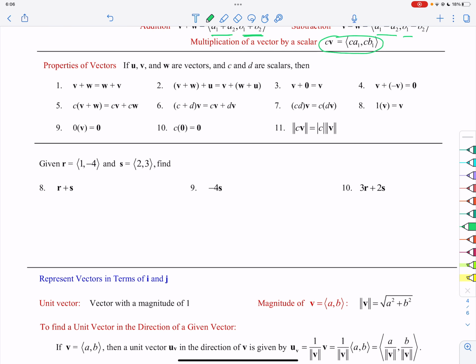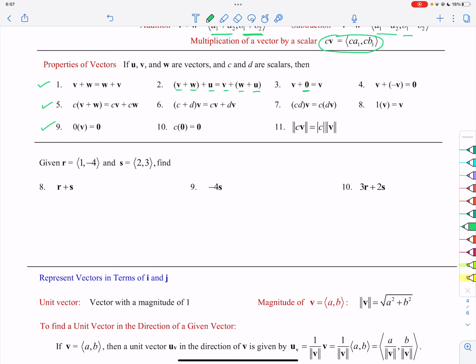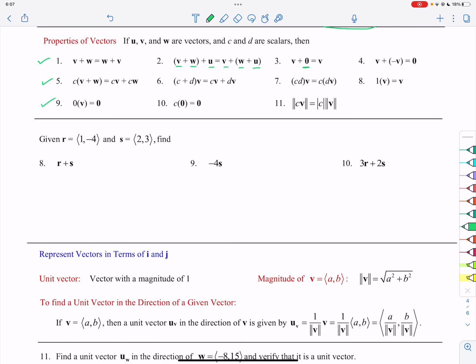Here are the properties if you want to take a look at these. Of course, you can see that we have distribution working. 0 times any vector is 0. If v plus w is the same as w plus v, we can rearrange our terms. If we add the 0 vector to any vector, we come up with that vector again.